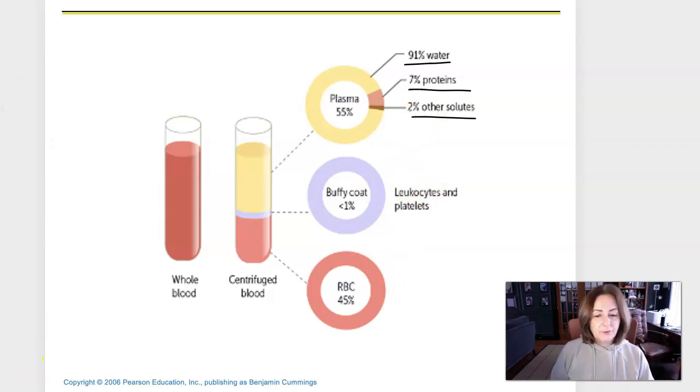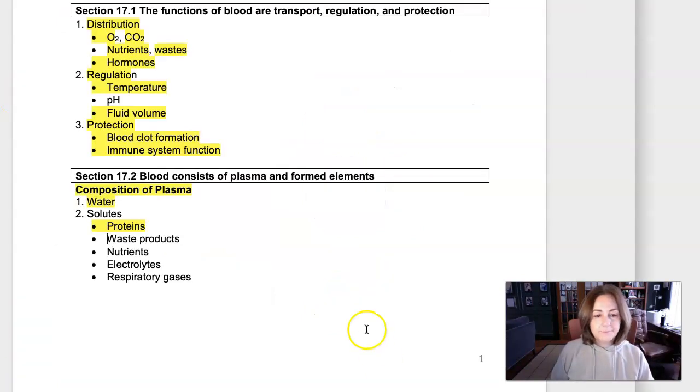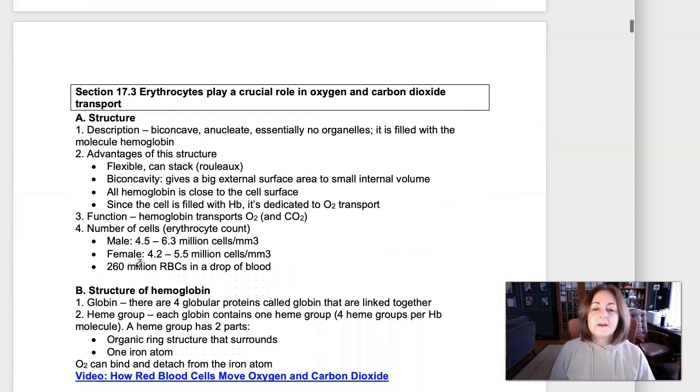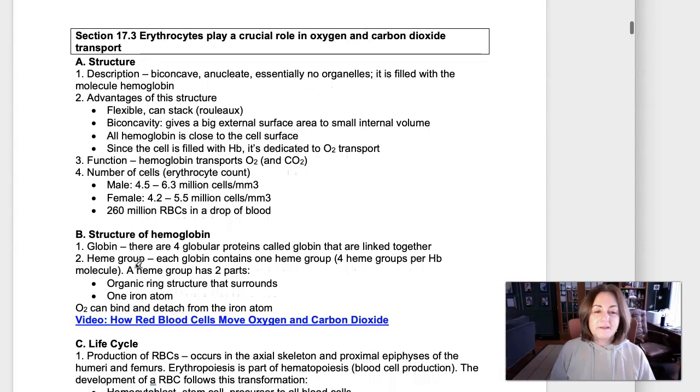So going back to the notes, you can see waste products, nutrients, electrolytes, respiratory gases are also in the blood, and those are at much lower percentages than the proteins. So blood is considered a connective tissue.